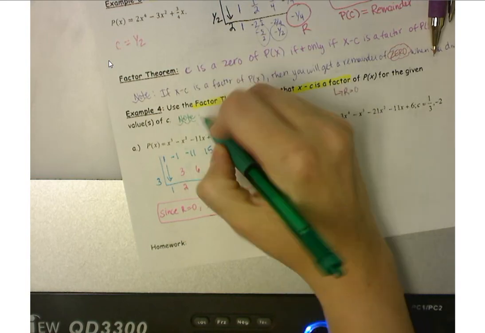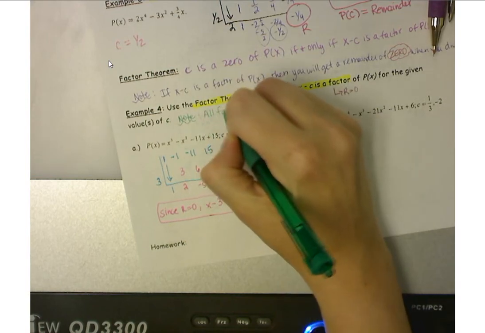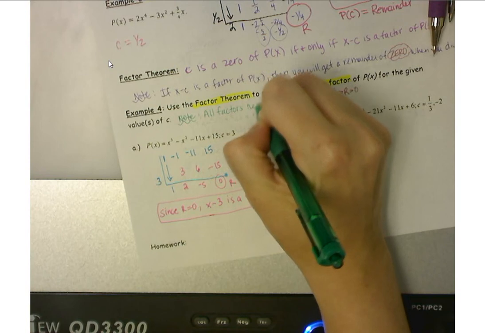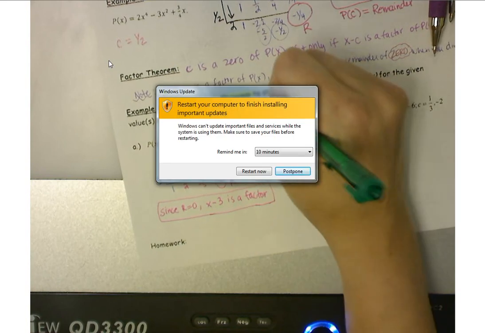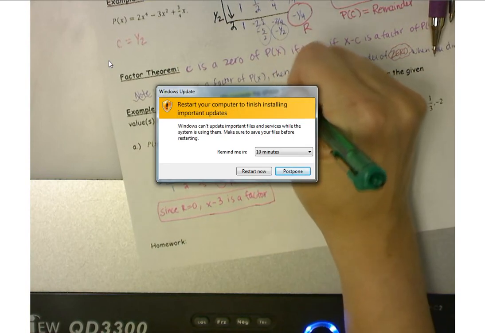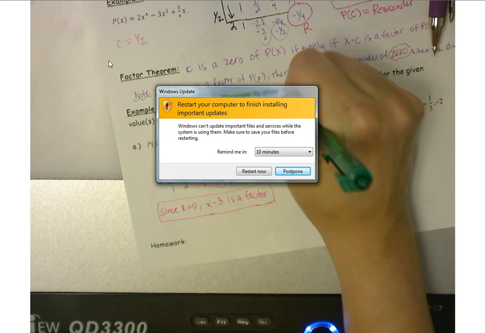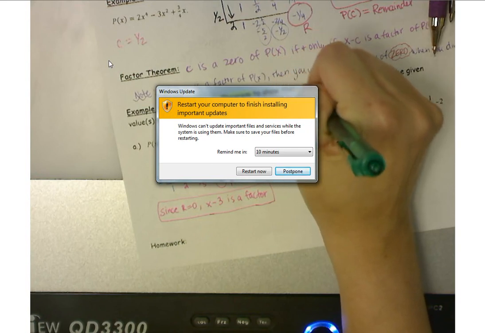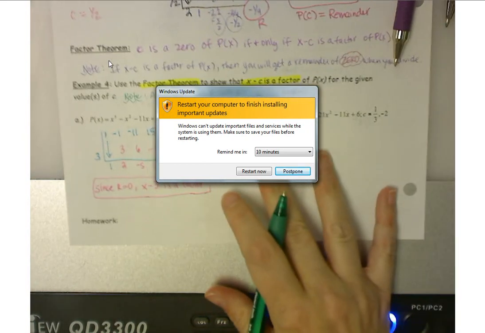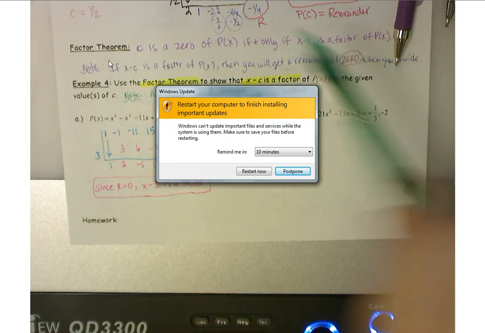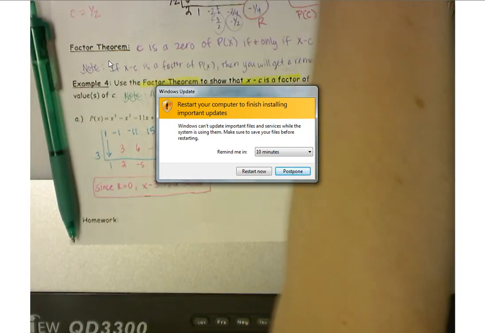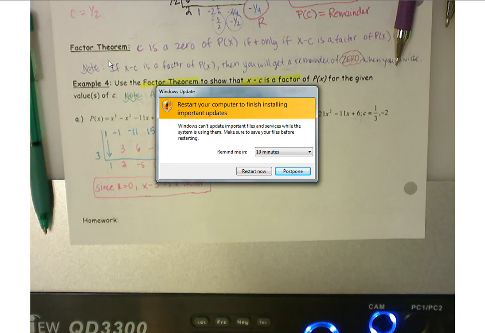All factors need integer coefficients. What's an integer? Yeah, a positive or negative whole number. Okay, so it says all factors need integer coefficients.